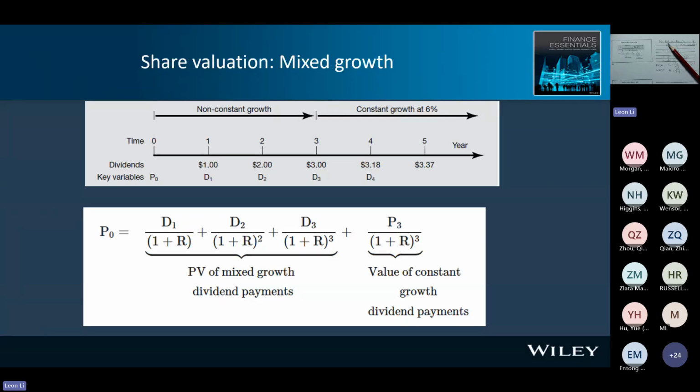P3 will be the present value of D4, D5, to D forever. And this is our DGM model. So you can see now we use P3 and here is D4. In our original DGM model, this is P1 and this is D1. But we can have the general result, P3 and D4.